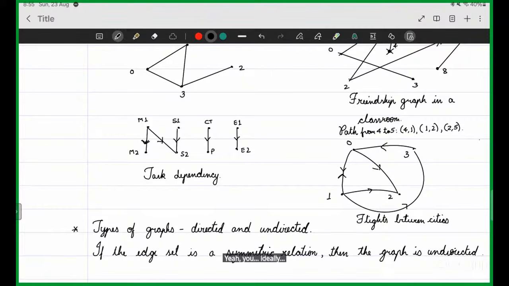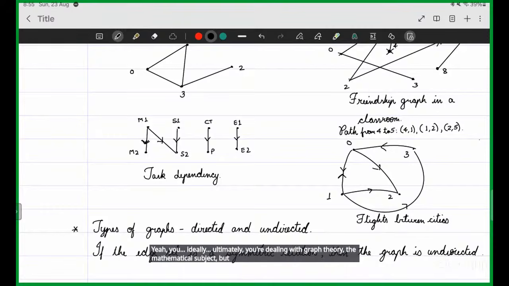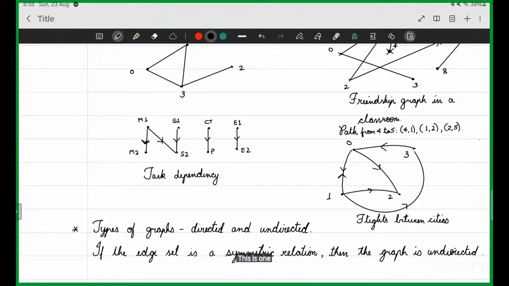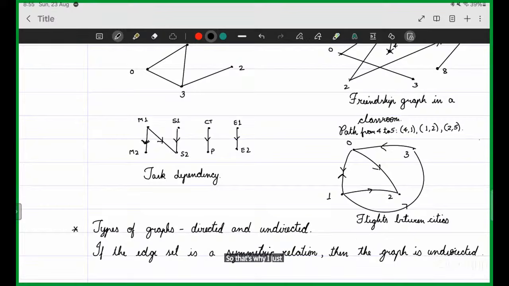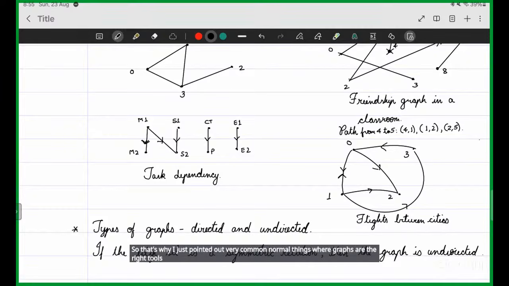Ultimately you're dealing with graph theory, the mathematical subject. But I'm saying all of this because this is one area of mathematics that is very easily translated to real world things. So this is how you should think about it, is what I believe. That's why I pointed out very common things where graphs are the right tools to look at and ask questions.